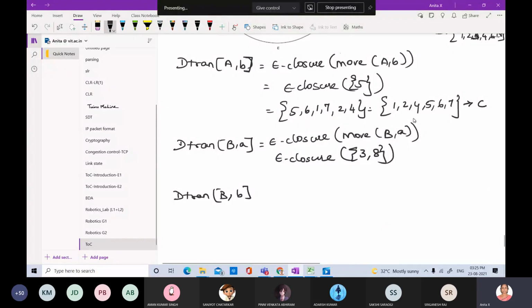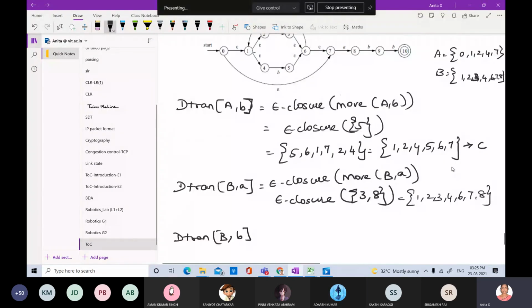If you are dealing with this one, what you will be getting is 1, 2, 3, 4, 6, 7, 8. So proceeding with epsilon closure of 3, 8, I'll be getting this state, right? Is this a new one or an existing one? Existing one, B.